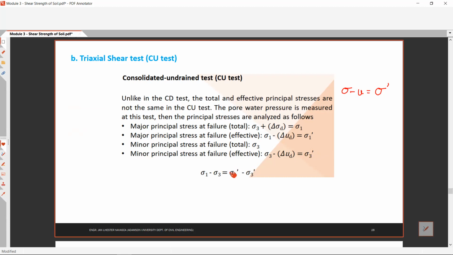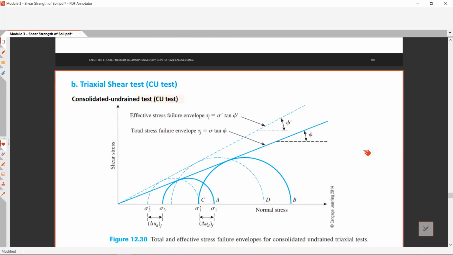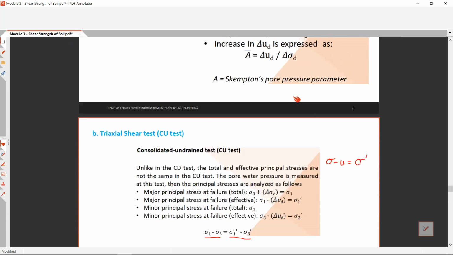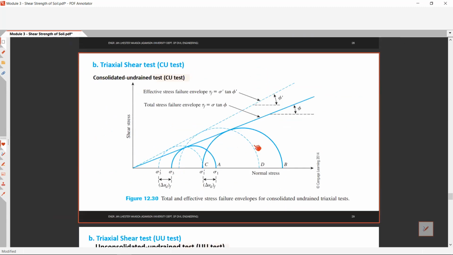So therefore, we can say that the difference between the total stresses sigma 1 and sigma 3 is equal to the difference of sigma prime 1 minus sigma prime 3. Okay, so if we try to graph the CU test, it is this one.